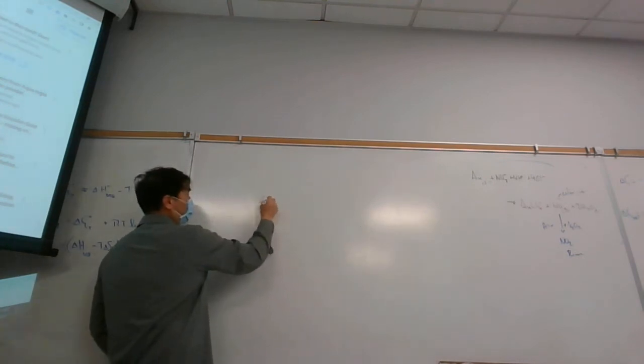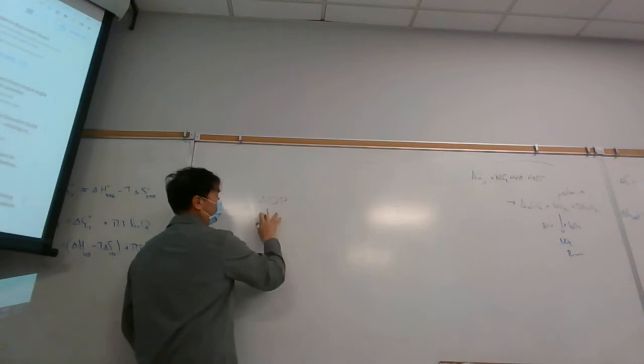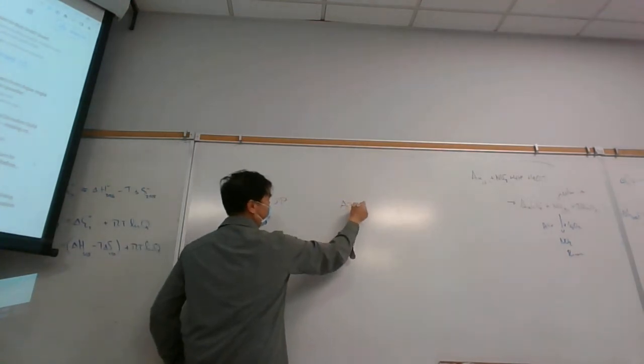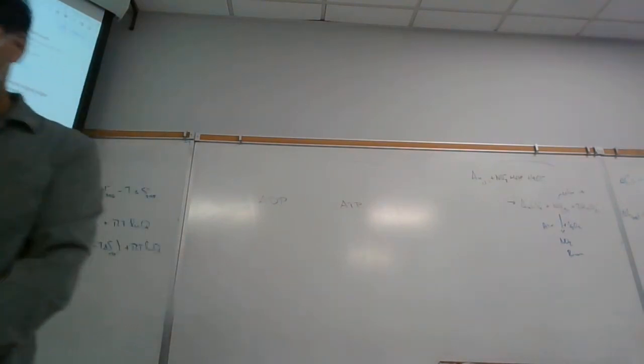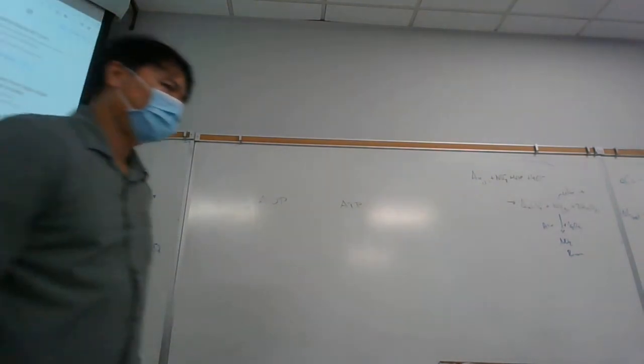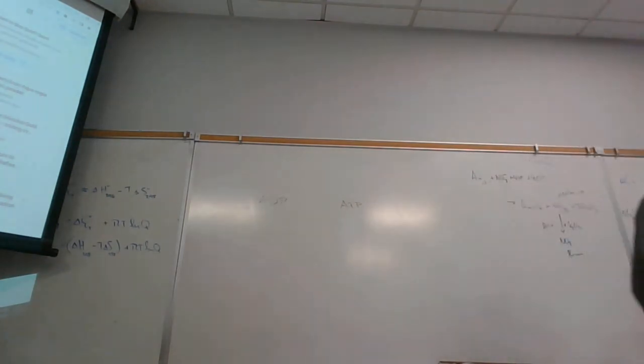So if we look at ADP and ATP, these are energy molecules. ATP is the energy molecule for the cell. And so how do you make ATP?